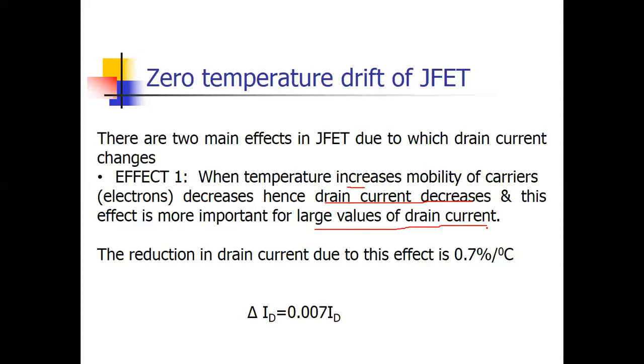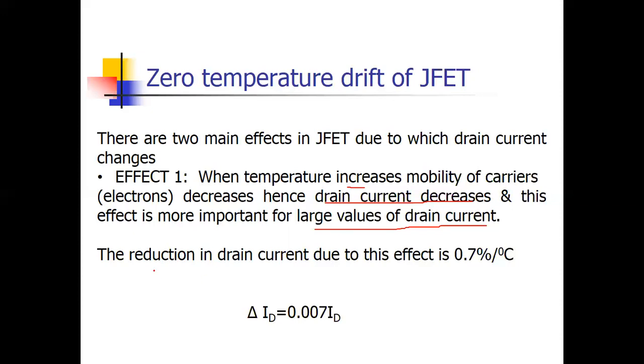So actually when drain current is at a higher level, due to temperature enhancement, that current reduces. Again listen carefully, when temperature increases, mobility of carriers decreases. If mobility of carriers decreases, drain current decreases.